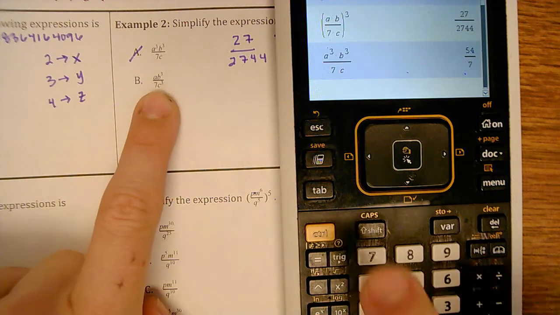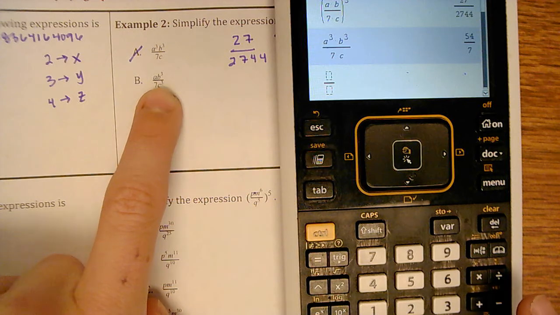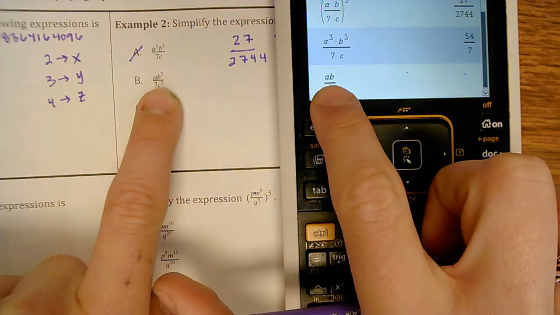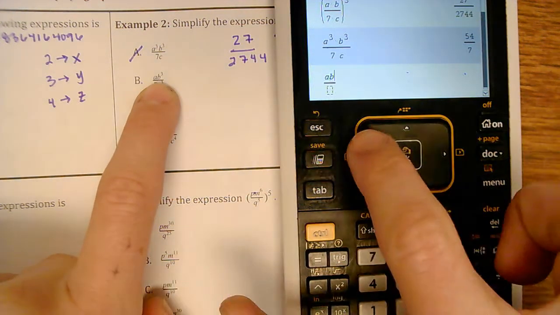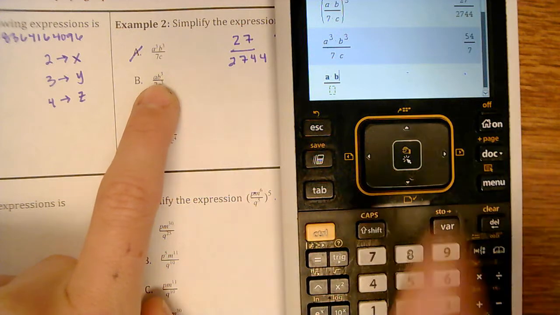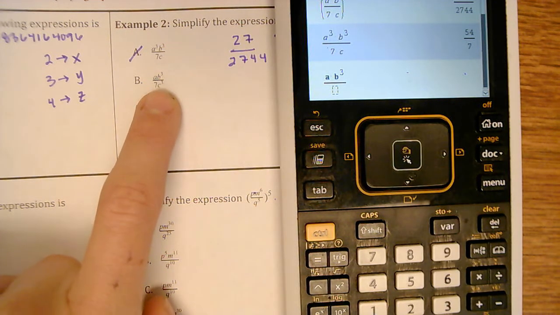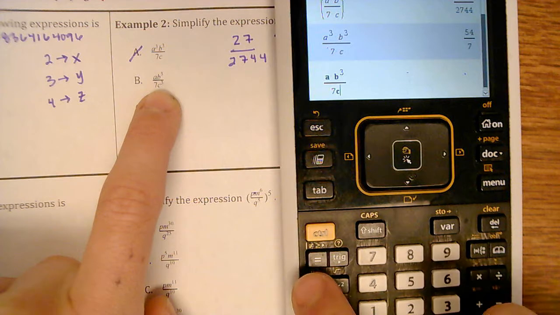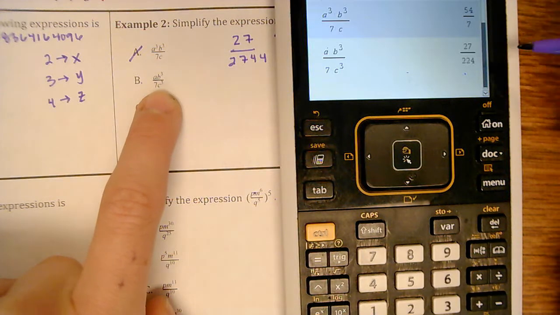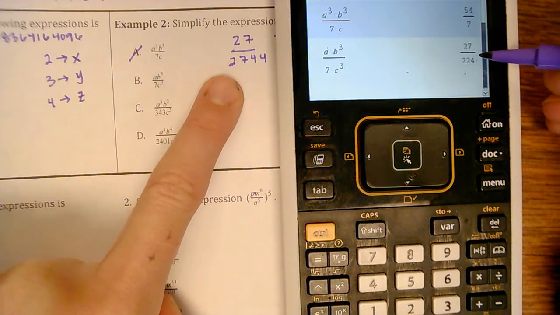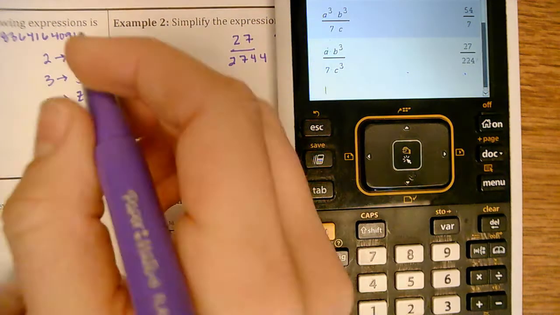Let's try B. Control divide to get my fraction. A, B. Remember, we have 2 letters right next to each other, so I've got to go tell the calculator they're being multiplied. B to the power of 3 over 7C to the power of 3. 27 over 224. Close, but not quite what I'm looking for.